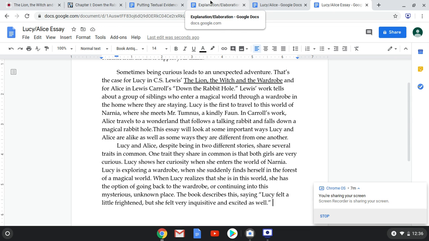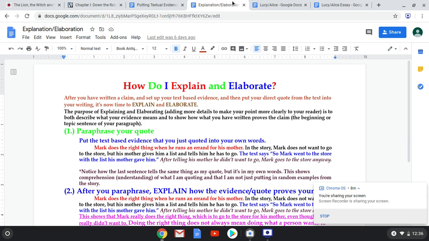Okay, so now, once you do that, you want to do something that I call explanation or elaboration. Elaboration means to add more detail. So once you put in a quote, the first thing you need to do is this: paraphrase your quote. That means put the text-based evidence that you just quoted into your own words.